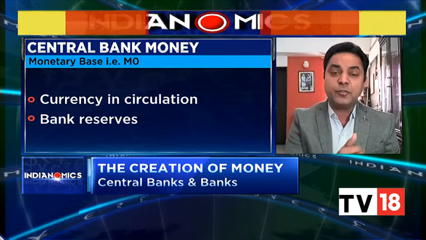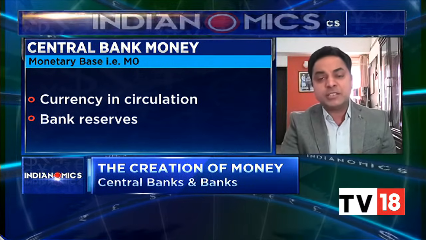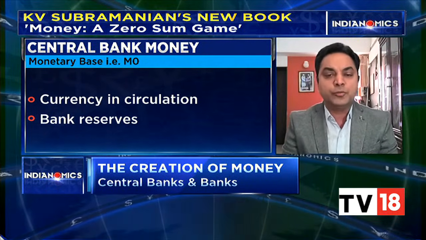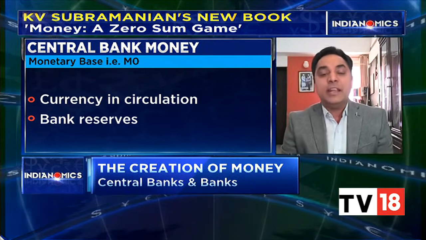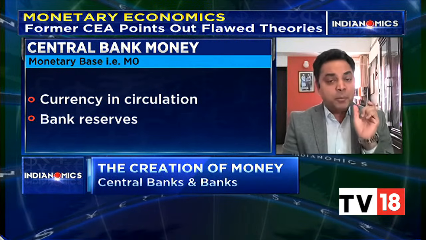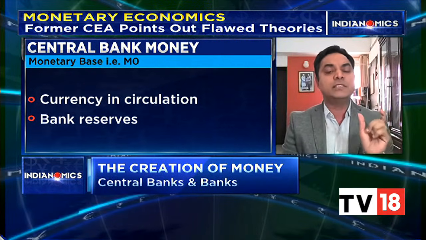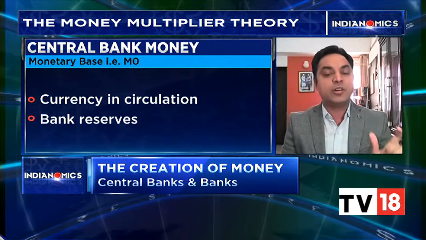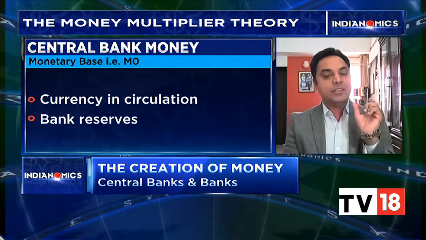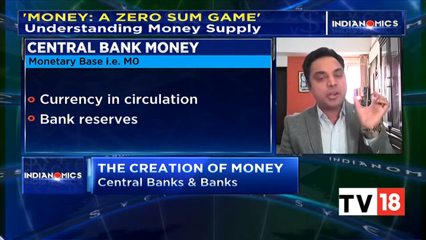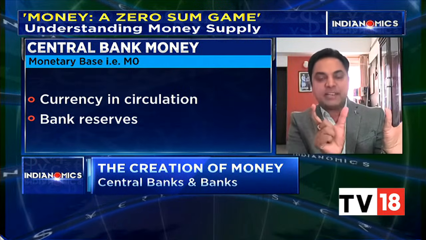The central bank, of course, eventually, whether it comes through foreign currency or others, does increase money supply in the economy. But primarily, the control that the central bank has is on the monetary base. And the monetary theory tells us that the monetary base multiplied by that money multiplier is basically what is equal to money supply. Now, as I just explained, the money multiplier does not work.